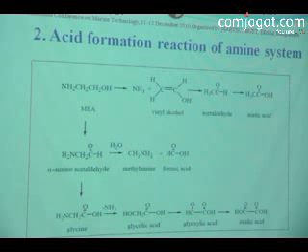So many acids are produced in this process, and this creates enormous problems. How can we control amine degradation by different types of acid? This is the planning of our research.